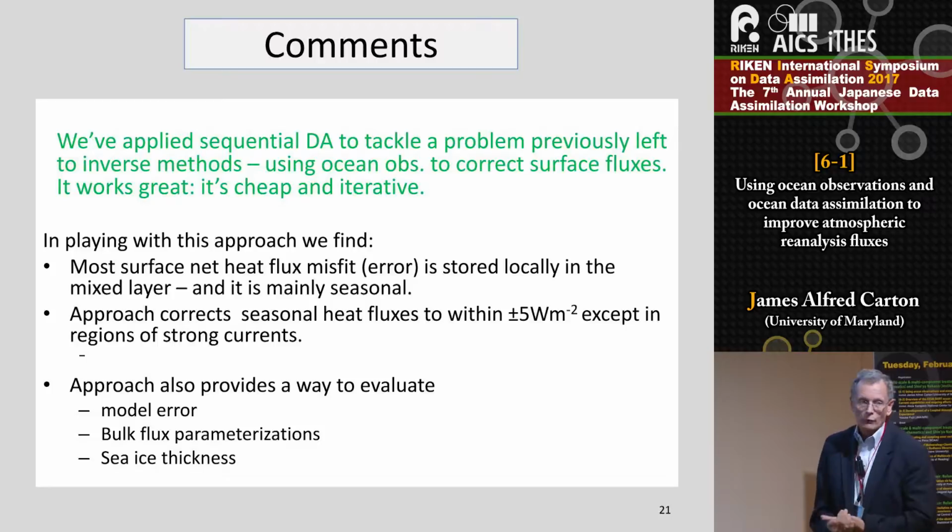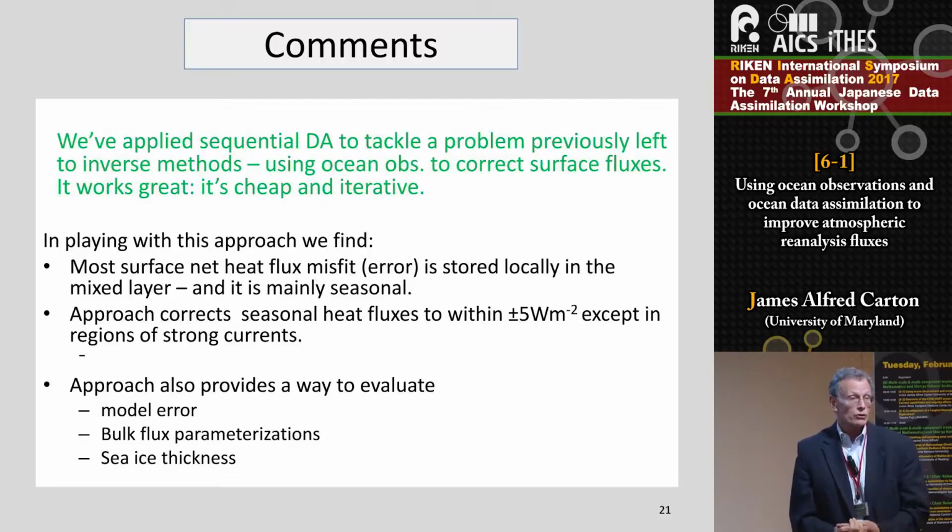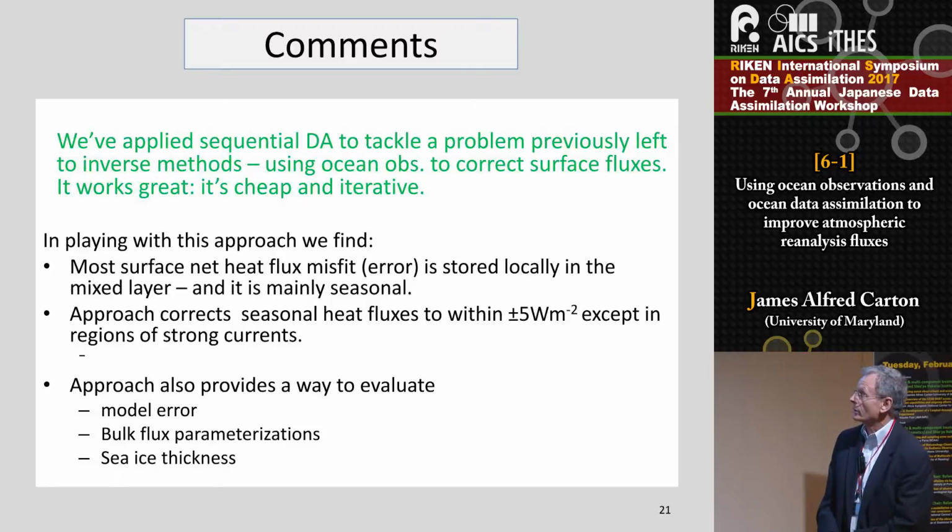So we're very interested in trying to get more accurate surface fluxes. If we were to be able to get surface flux estimates to, say, 5 watts per meter squared, and the anthropogenic signal is about 1 watt per meter squared, then that means that if we can simply accumulate our fluxes over about 10 years, we should be able to pick out that anthropogenic signal. That would be a really great thing.